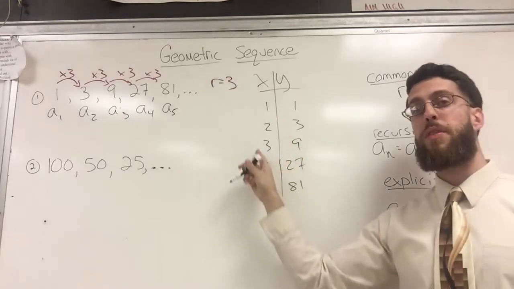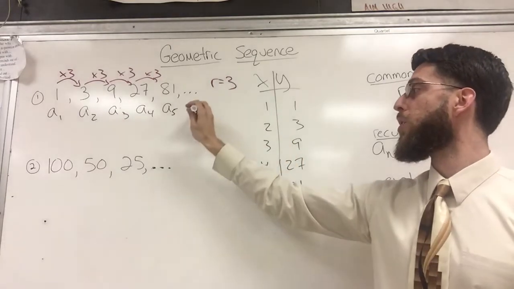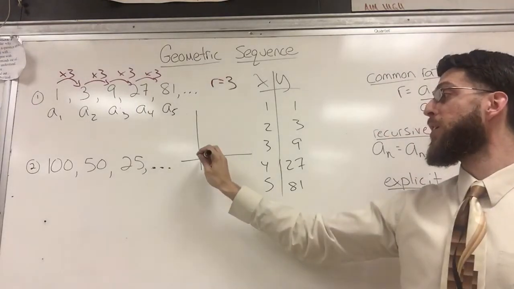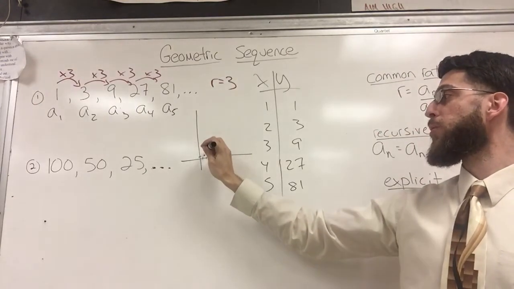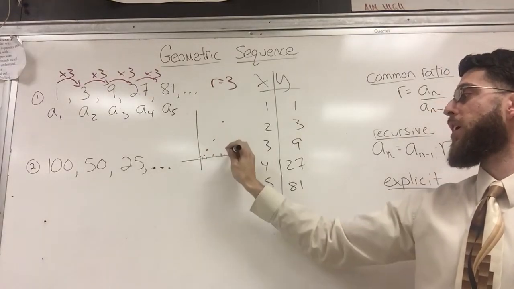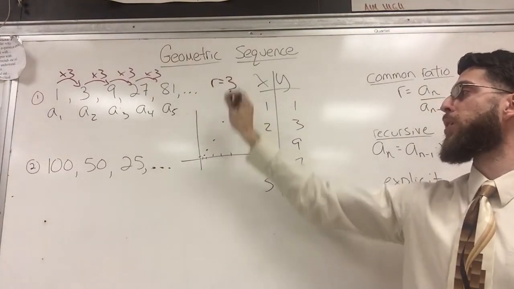If you were to graph these points, how would they look? And I'm going to make a very ugly sketch here. (1, 1), (2, 3), (3, 9), (4, 27), and then (5, 81) is somewhere really, really high.